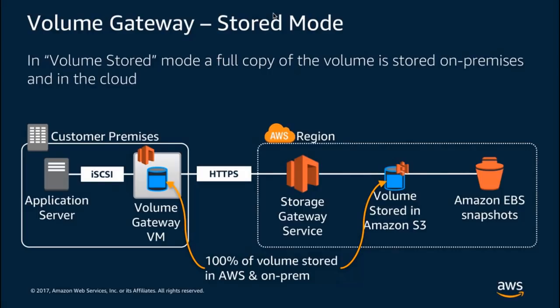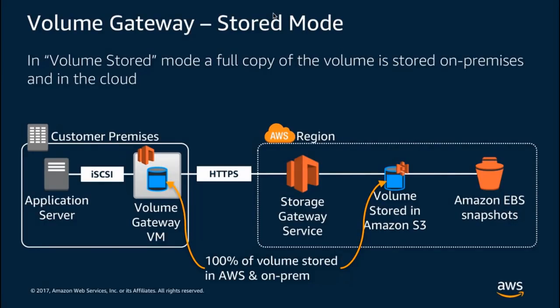Volume Gateway comes in 2 particular types. One is stored mode, and we'll cover that first, and then we'll cover cached mode next. In volume stored mode, you can think of having all of your volume stored on-prem being backed up to the cloud on a constant basis. This is really useful for applications where there is lots of random reads or writes, or the data set that's being actively used by your application is large.